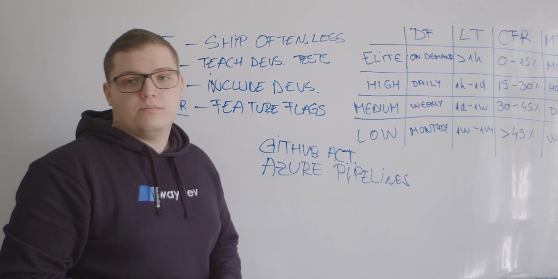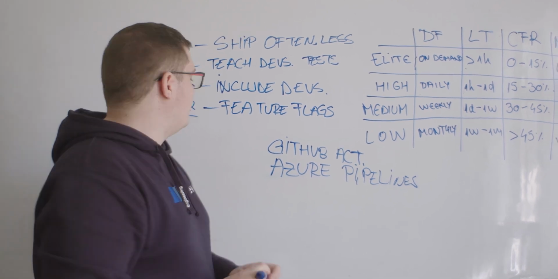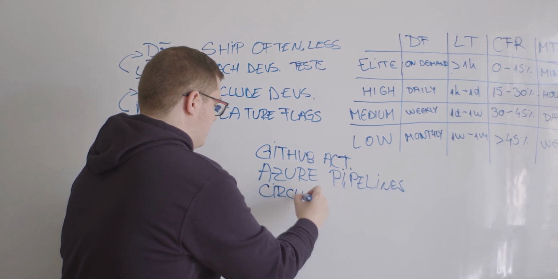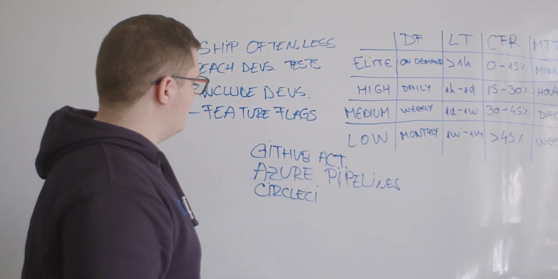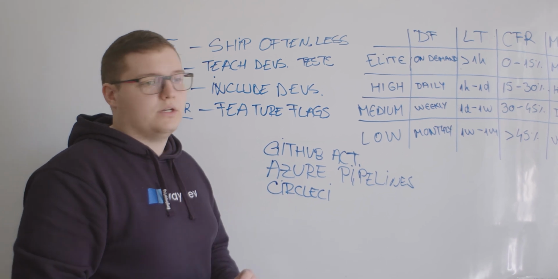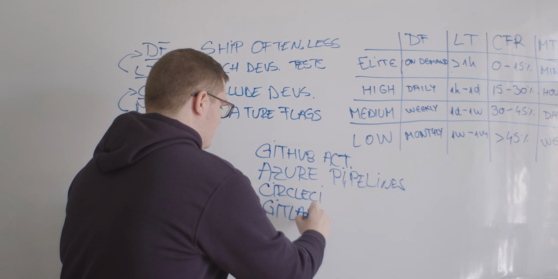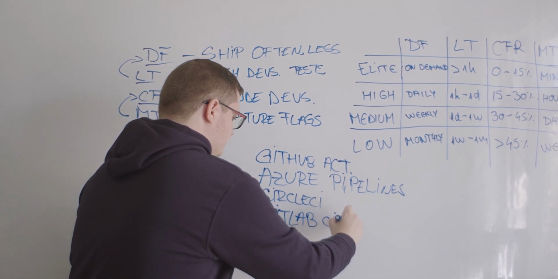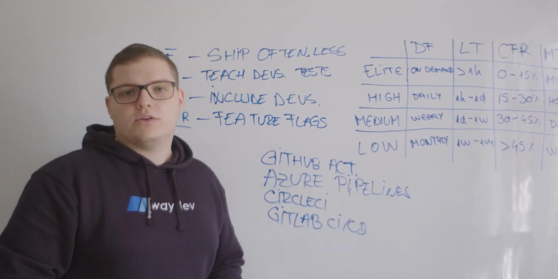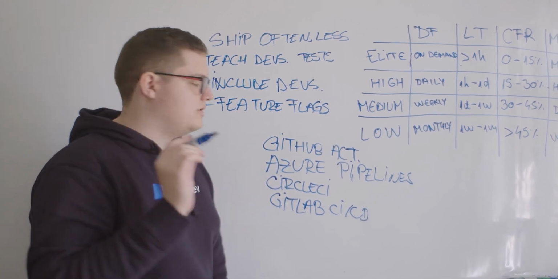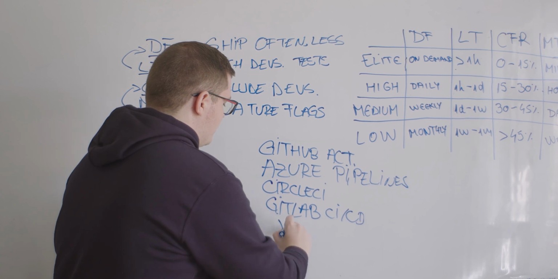For Bitbucket and also GitHub, we offer integration with CircleCI. We also integrate with GitLab CI/CD. And for bigger teams that focus mainly on enterprise services, we just developed an integration with Jenkins.